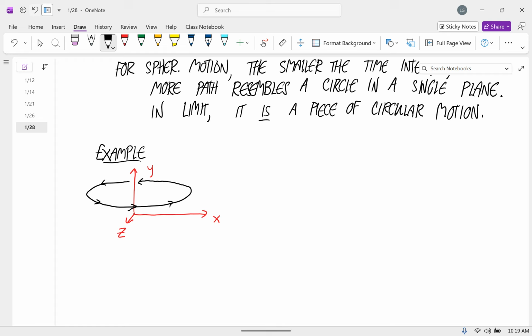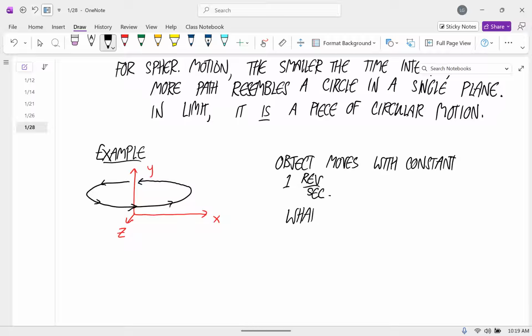And let's say that the object has a constant speed of rotation of 1 revolution per second. What's the angular velocity?